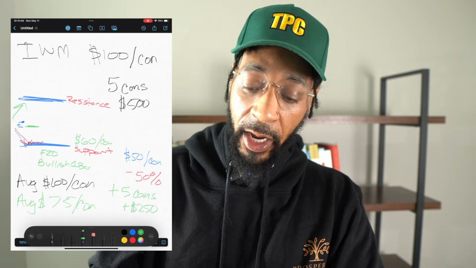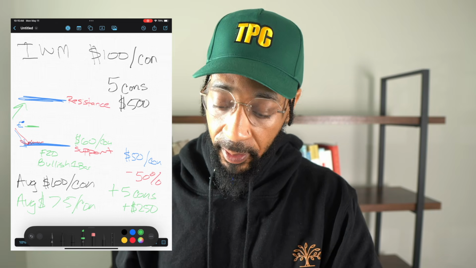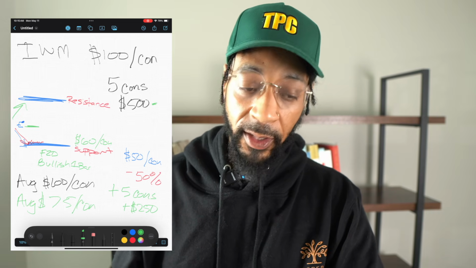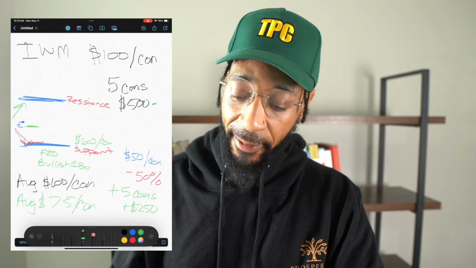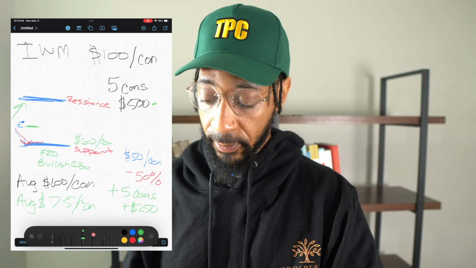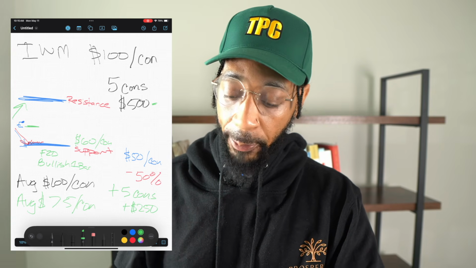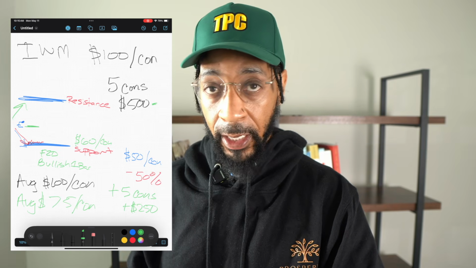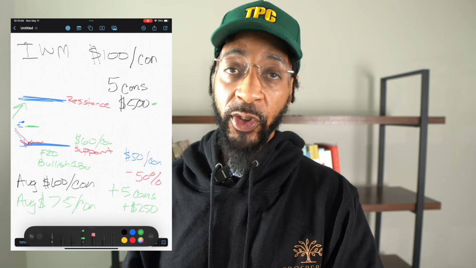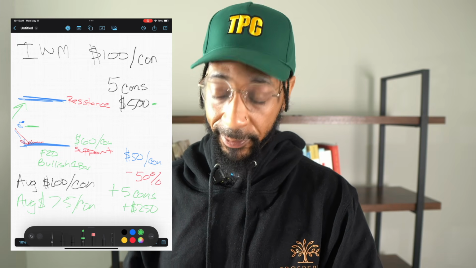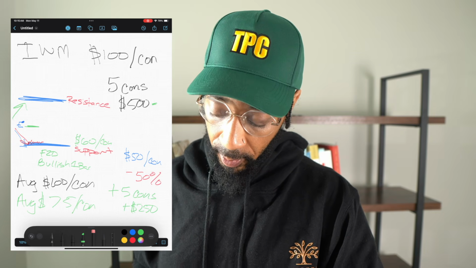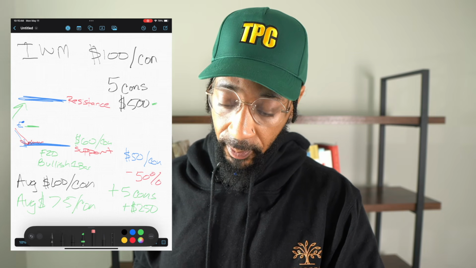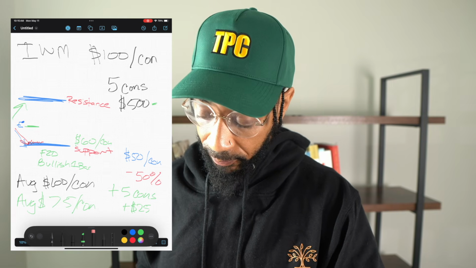So you have $100 per contract. You got in at $500 in a total trade. You added 5 more contracts. You dropped your cost down to $75 a contract. Now you're in the trade at $750, right?